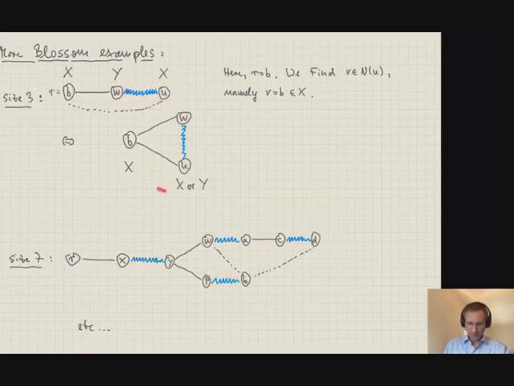Okay, so we have one potential blossom of size 3 that could happen, and larger sizes are possible as well. Down here we find a stem of a non-trivial length, and we find an odd length cycle here, because, for instance, when fanning out from this vertex Y, we found 2 neighbors which were already matched.